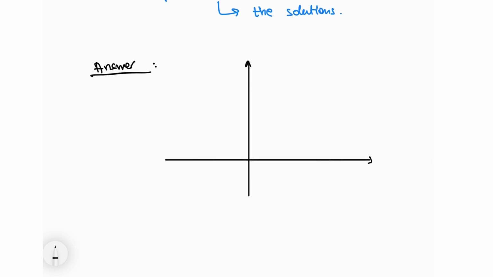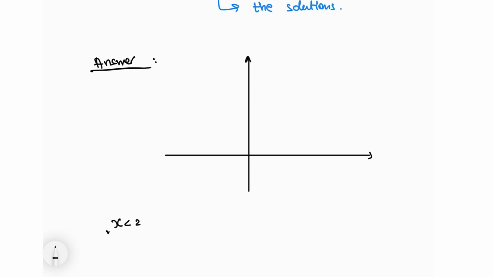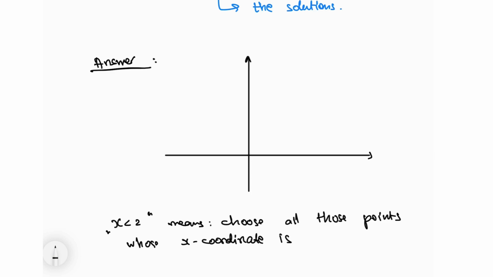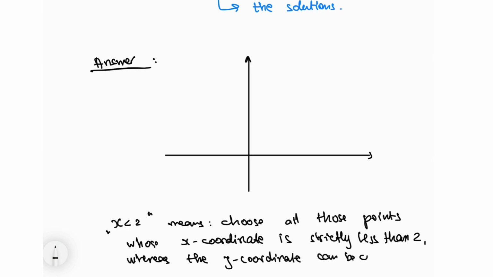And x less than 2 actually means choose all those points whose x coordinate is strictly less than 2, whereas the y coordinate can be chosen freely.